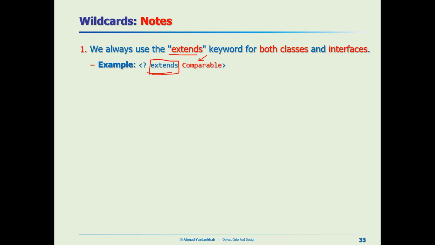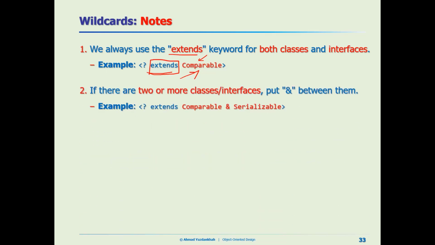And if we have two or more classes or interfaces, then we separate them with an ampersand between them, like this. Look at this: question mark extends Comparable, which is an interface, Serializable is another interface, and we have this ampersand.